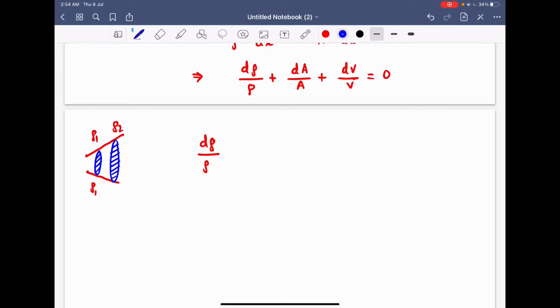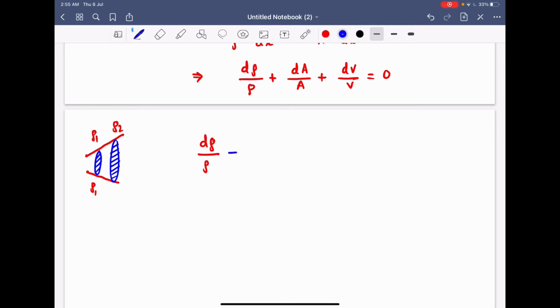But this is very small, infinitesimally small, so you can't take rho 2 at a finite distance x. Here x should tend to 0. So for any cross section you can write this, that is d rho by rho.